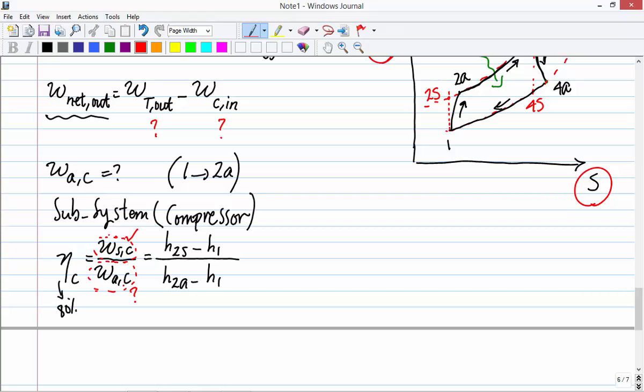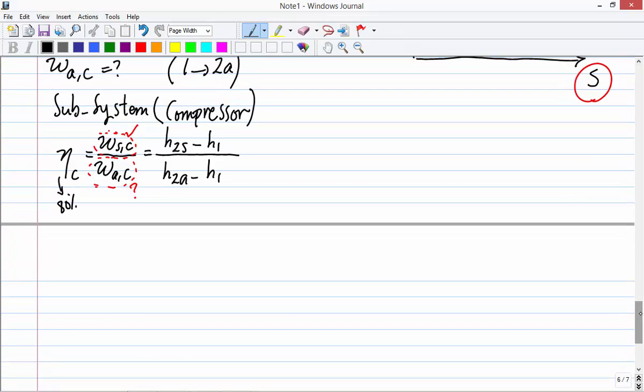Easy. So how do we do that? Now I need to solve for WSC, the isentropic work. S means isentropic work. Then that would be the denominator here, H2s minus H1.